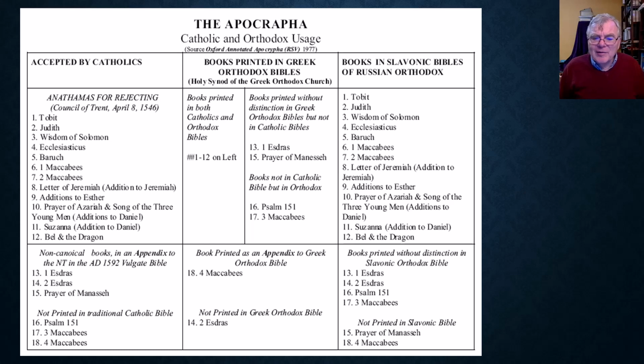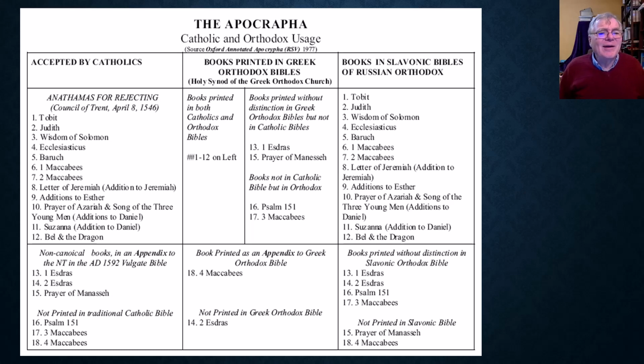But then they print without distinction 1st and 2nd Ezra, Psalm 151, and 3rd Maccabees. But then they don't print the Prayer of Manasseh, which is in the Vulgate, and they don't print 4th Maccabees, which is in the Greek Orthodox Bibles.